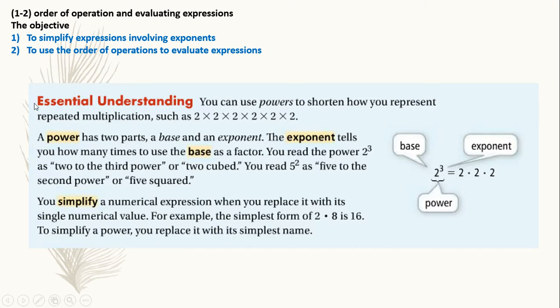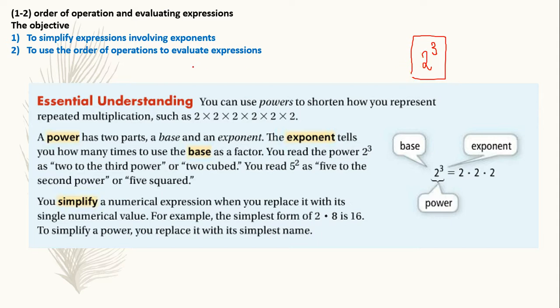So first things first, let's see what the meaning of power is. A power has two parts, a base and an exponent. That's what we call a power. So 2 to the power 3, that's what we call a power. Now, what is the meaning of 2 to the power 3?